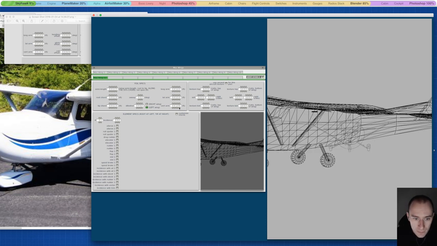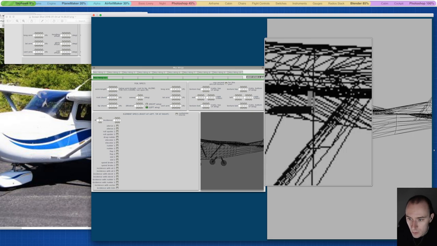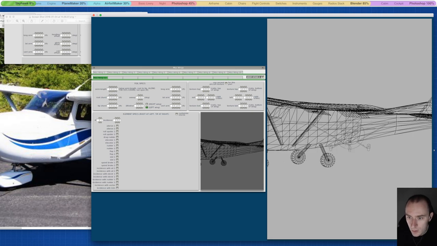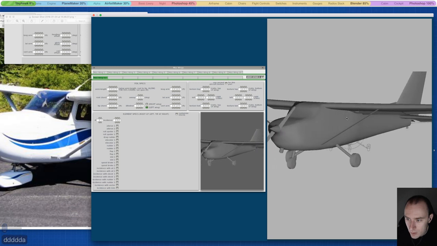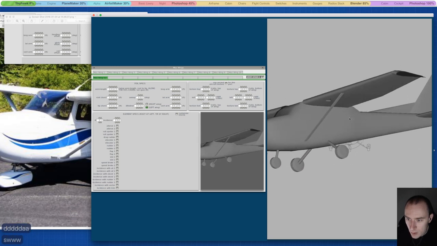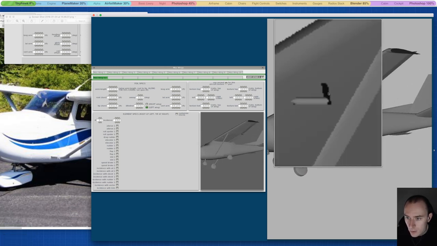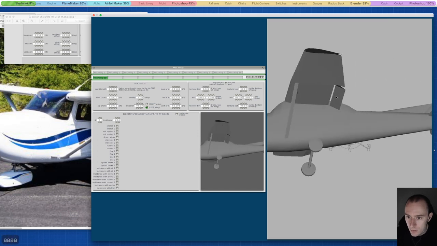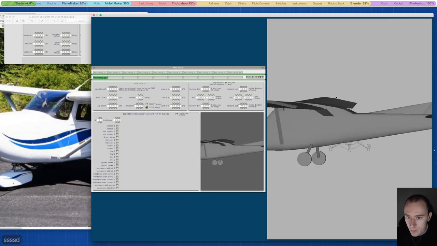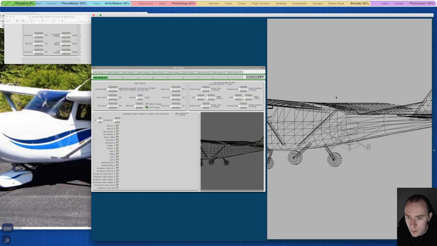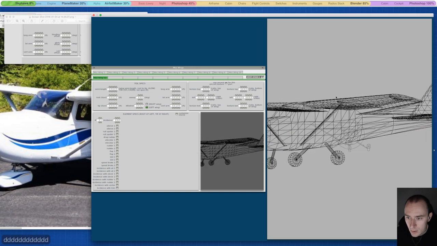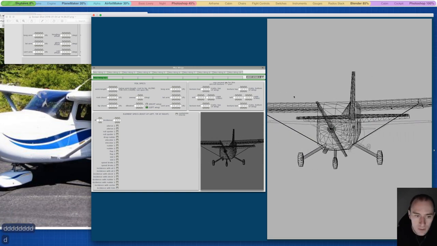Seems okay. Yes. Now I want to know whether it's actually also in the wing. And it seems that it is. Yes, just slightly. Perfect. Perfect. Okay, done.